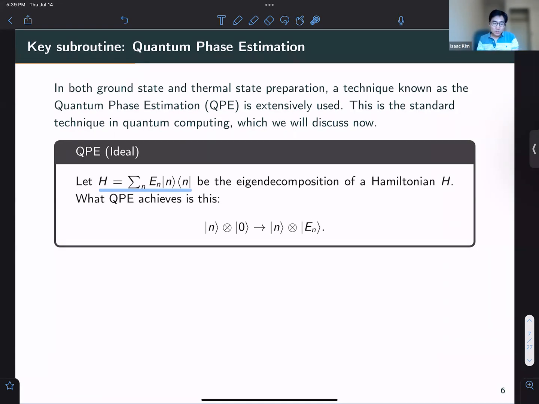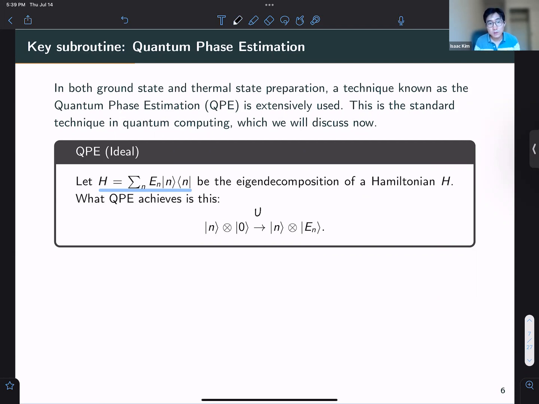What quantum phase estimation does is the following. Suppose I am given an eigenstate |n>, and I have another state initialized to some particular state, let's say the |0> state, and then I apply some unitary transformation.